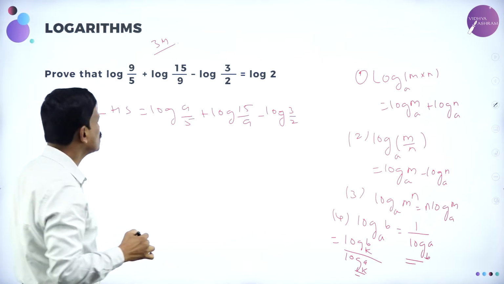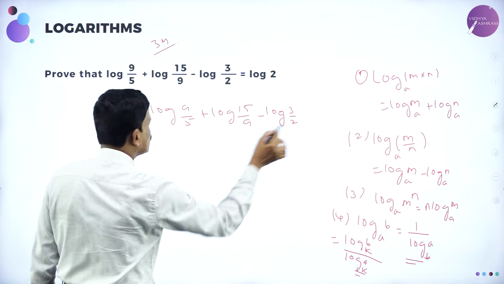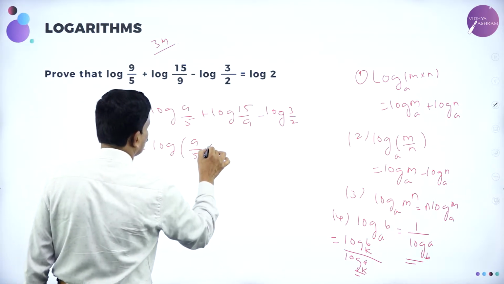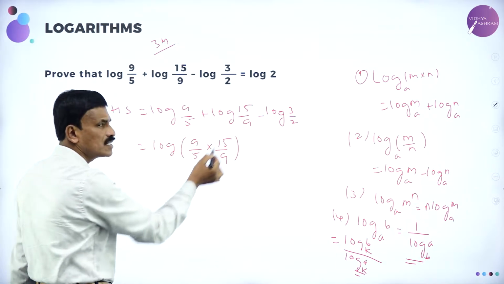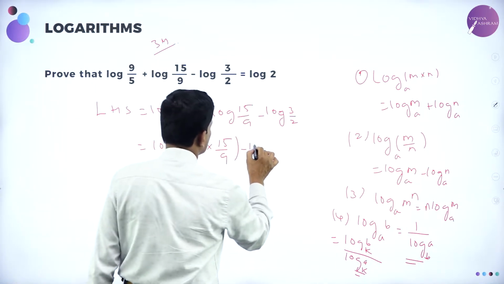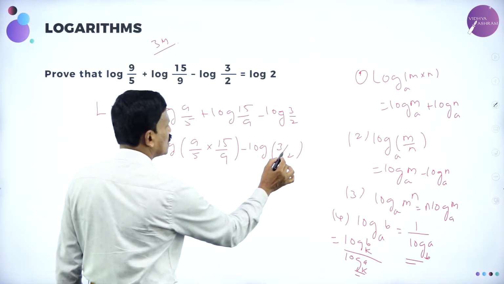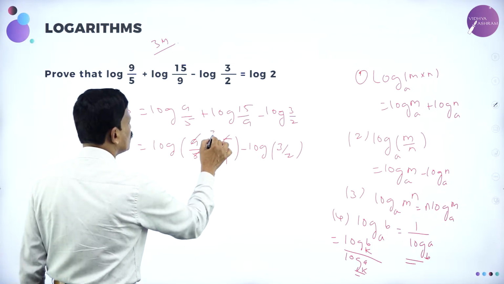This is the given LHS. Now if you observe carefully, this is log m plus log n. Log m plus log n is nothing but log m into n. This is logarithm of 9 by 5 into 15 by 9, minus log 3 by 2 as it is. Now cancel the terms which get cancelled. So here this 9 and 9 get cancelled, 5 3s are 15.